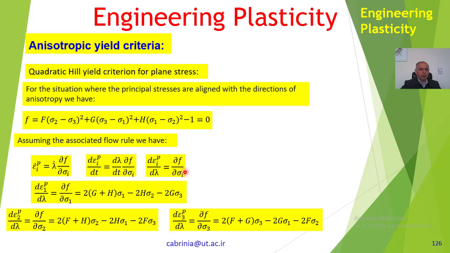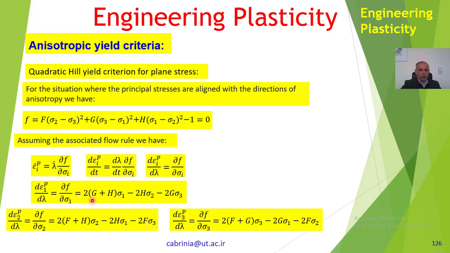Do the partial differentiation. If I do the partial differentiation relative to sigma 1, putting i equal to 1, then the partial of this relative to sigma 1 is 0 for the first term. We have sigma 1 here and sigma 1 here.